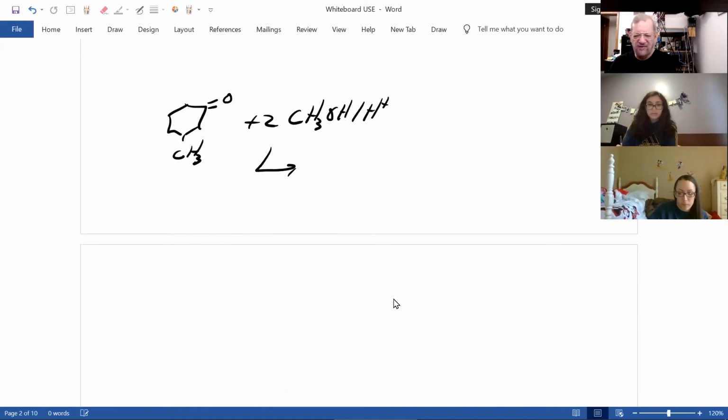And why don't you try this reaction? What would be the organic product or products, 3 points each, for the following reaction?